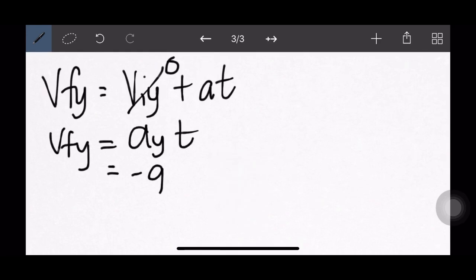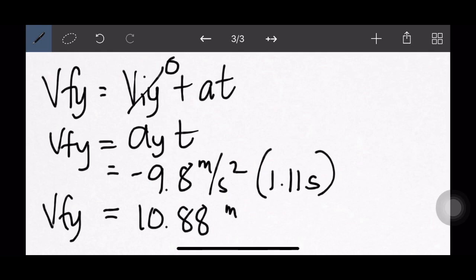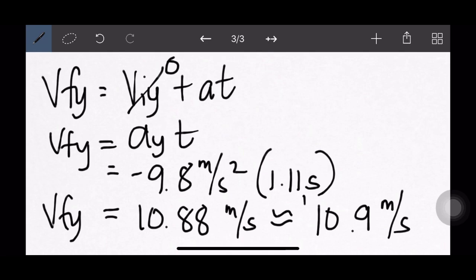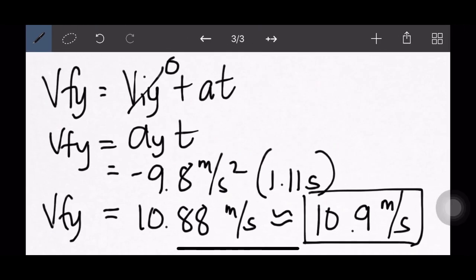So that's negative 9.8 meters per second squared multiplied by the time that we've computed earlier, 1.11 seconds. So our final velocity is 10.88 meters per second, or it could be 10.9 meters per second. Okay, yes, we got it.